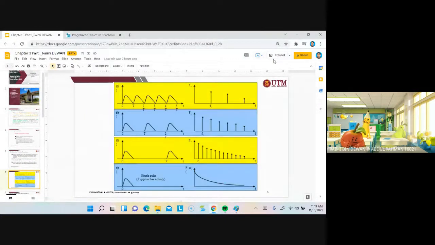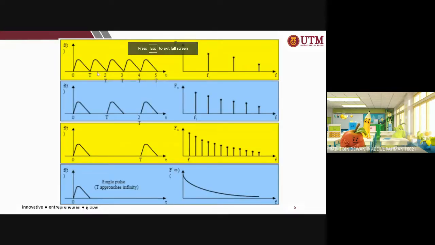What I explained is the same as the figures here. First, you see a signal with a period of T, then 2T, 3T, 4T, and 5T, so you have a very short duration of T, 2T and so on. This is the corresponding spectrum, the spectral lines.